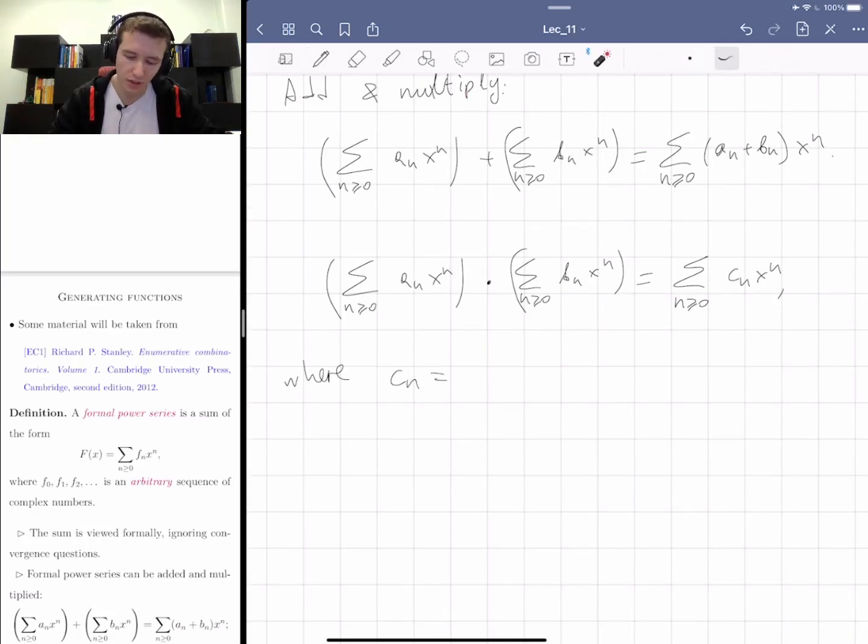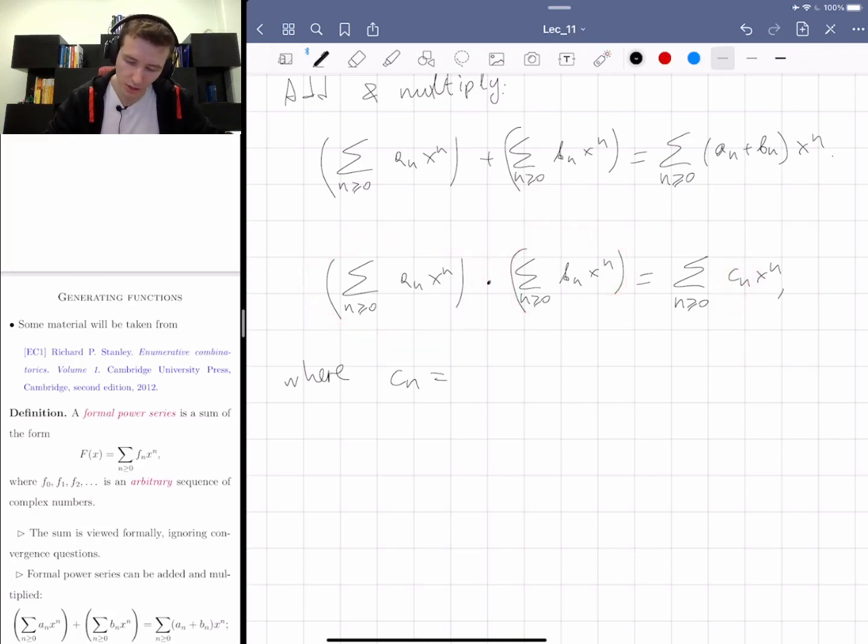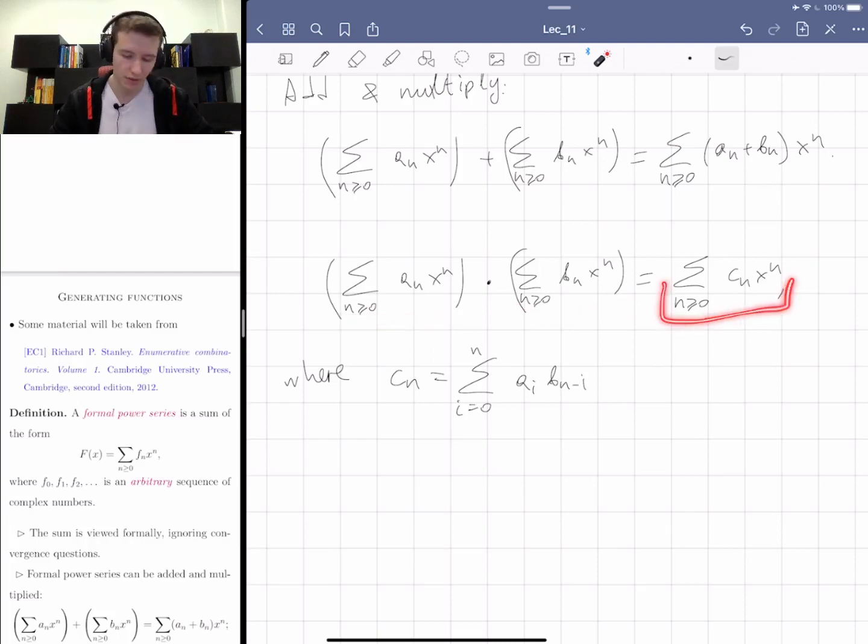If these two are just polynomials, then c sub n is the sum for i from 0 to n of a sub i times b sub n minus i. That's how I would multiply two polynomials. Now the degrees are bounded from below, but they can go up to infinity. Still, this sum is well defined. So the product of two formal power series gives me another formal power series.